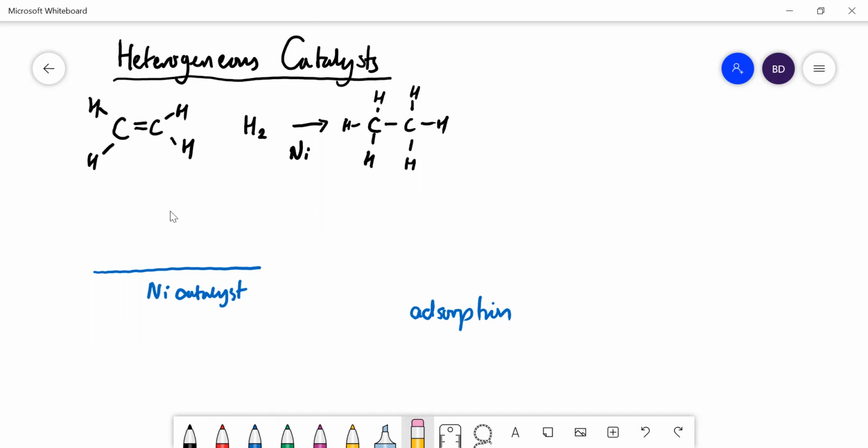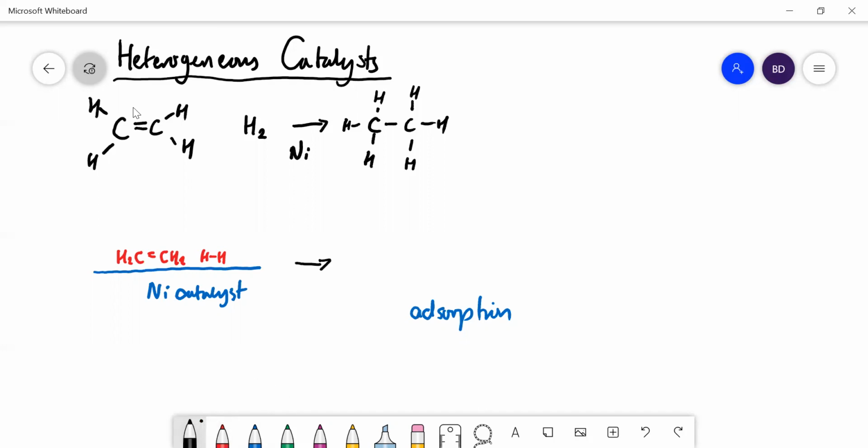So you get the ethene comes along and forms a loose association, and the hydrogen also forms a loose association. It brings them into very close physical proximity, and also by adsorbing, it weakens the bonds.